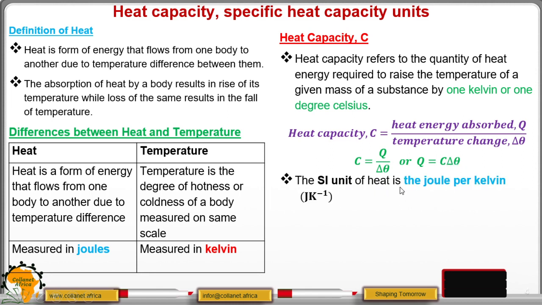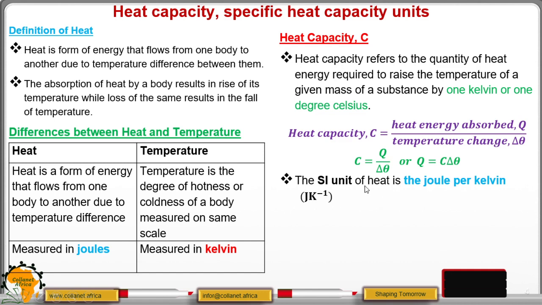The SI unit of heat capacity, as you are going to see here, is energy divided by temperature. The SI unit of energy is joules, and the SI unit of temperature is degrees Celsius or Kelvin.